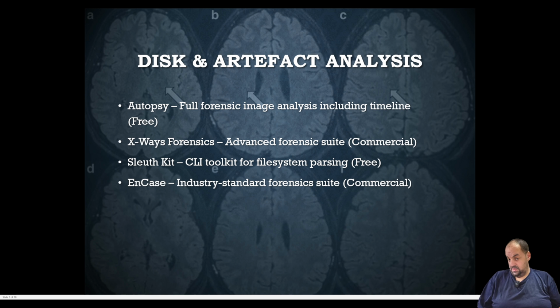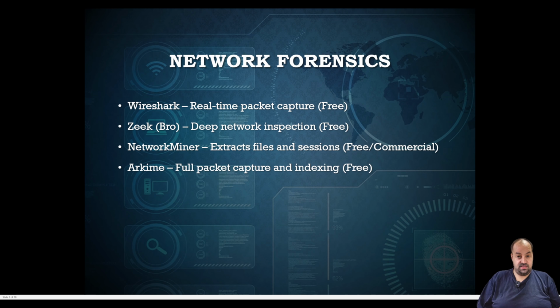And the next thing we're going to do is network analysis. Network analysis is very critical at this point. Wireshark is the basic and most common one, and also free. Zeek, formerly Bro, allows for deep analysis of network traffic, and Suricata for signatures.